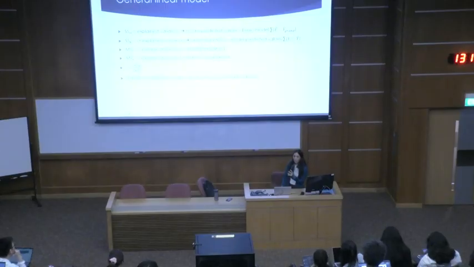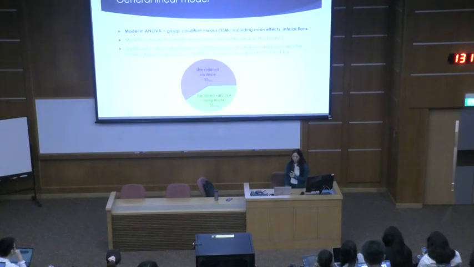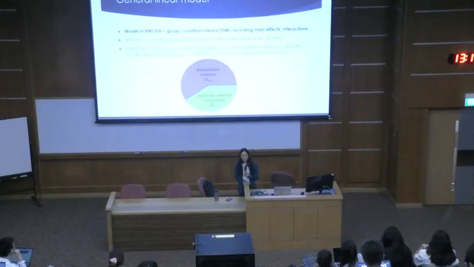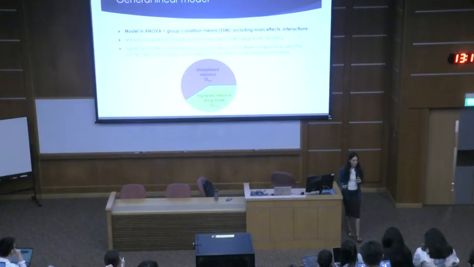Now I can do the same thing with categorical variables in my ANOVA. Here, the model in my ANOVA is the means of my groups or means of my conditions. And maybe I am investigating whether there is a difference in, let's just say, people's loneliness.